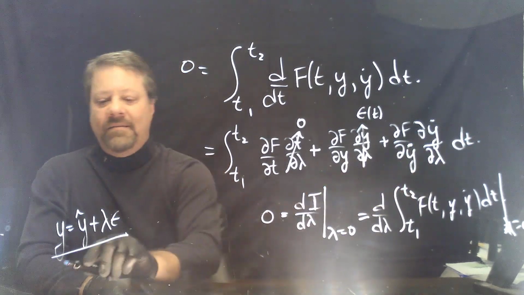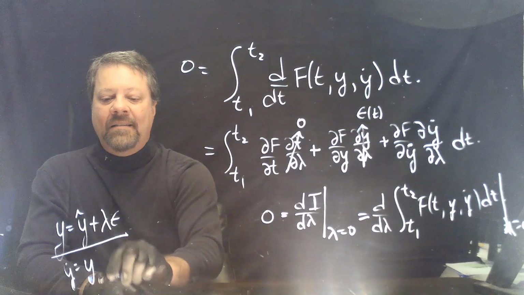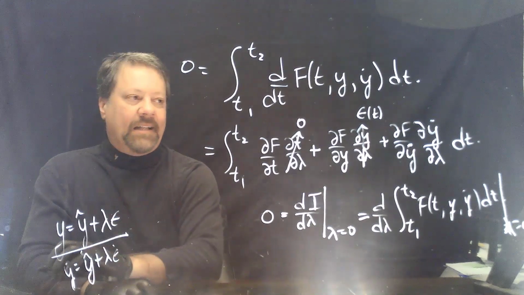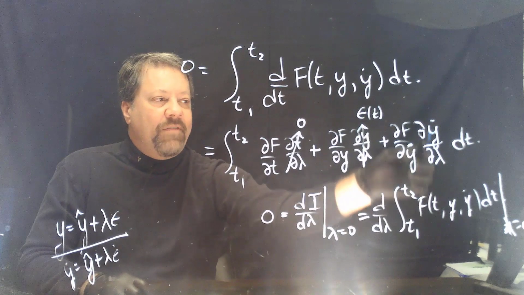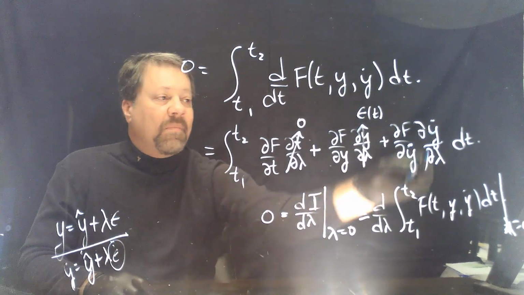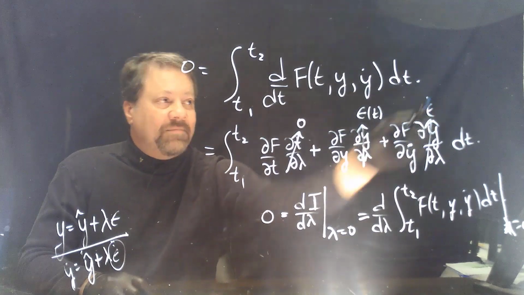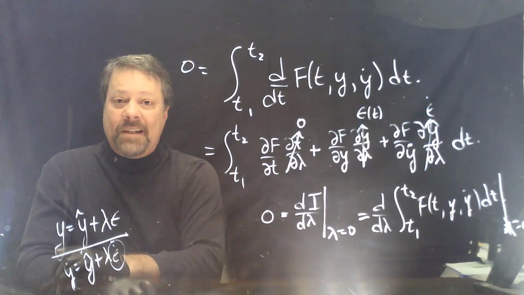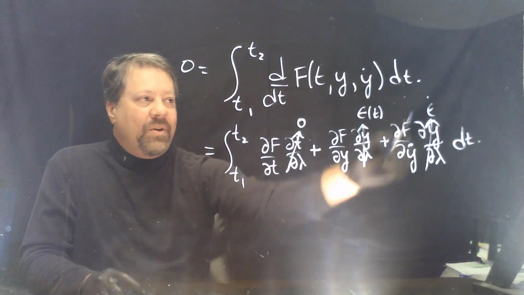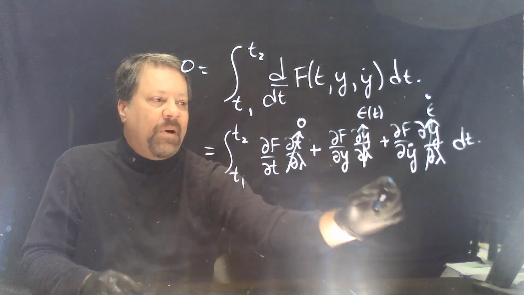Well, y dot is y hat dot plus lambda times epsilon dot. And so the derivative of y dot with respect to lambda is epsilon dot, the derivative of epsilon with respect to t. We're now going to use integration by parts on this last term.